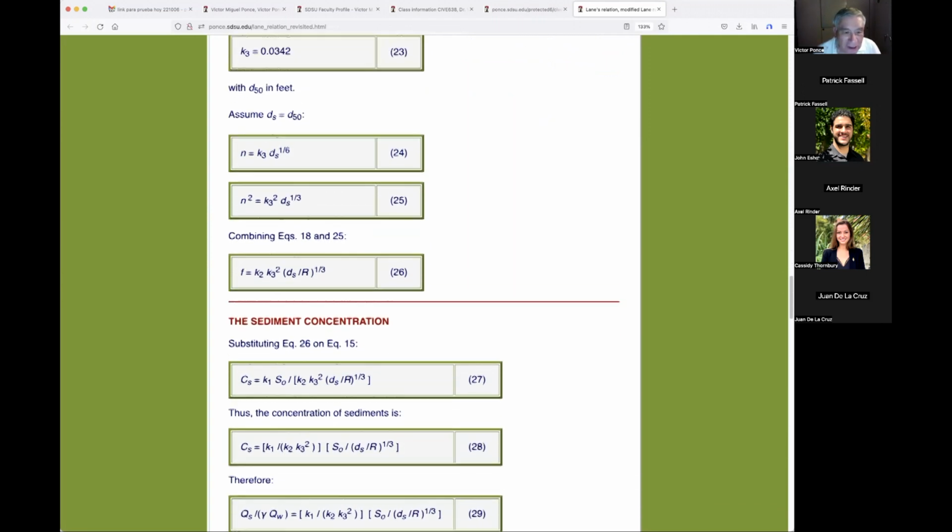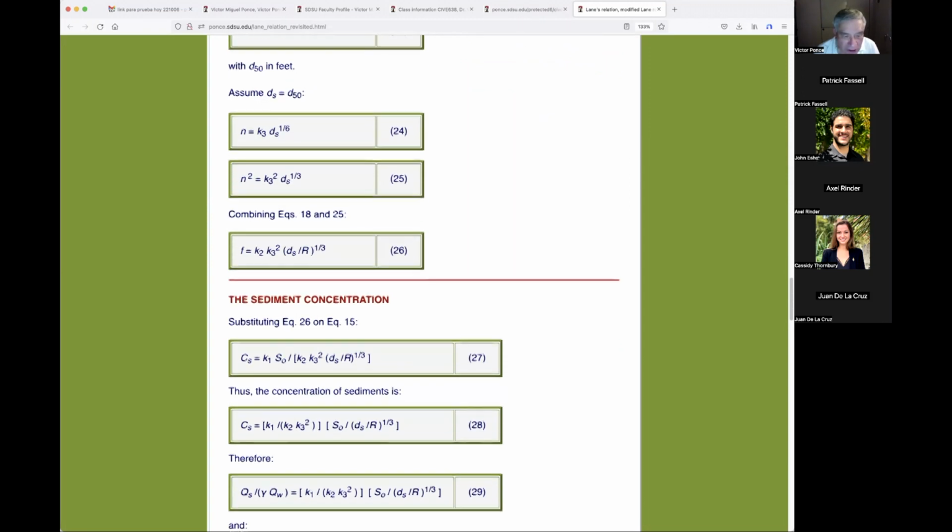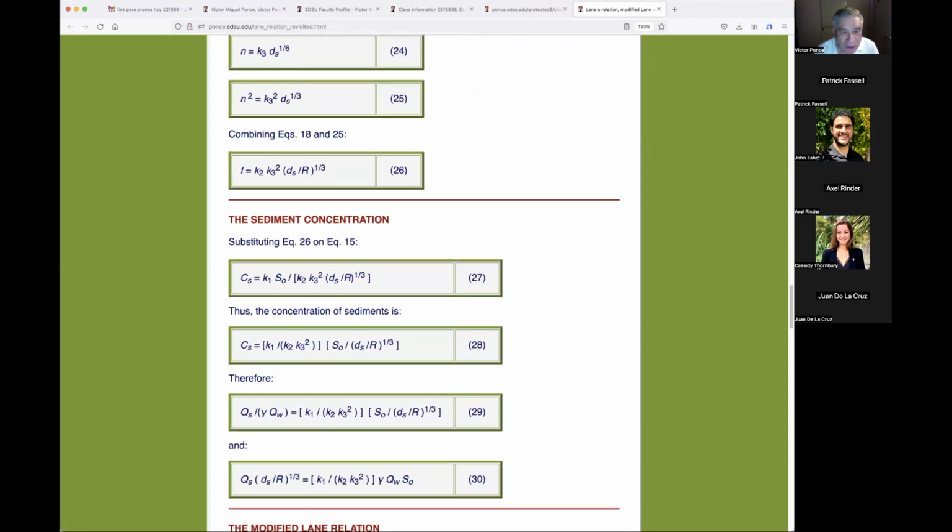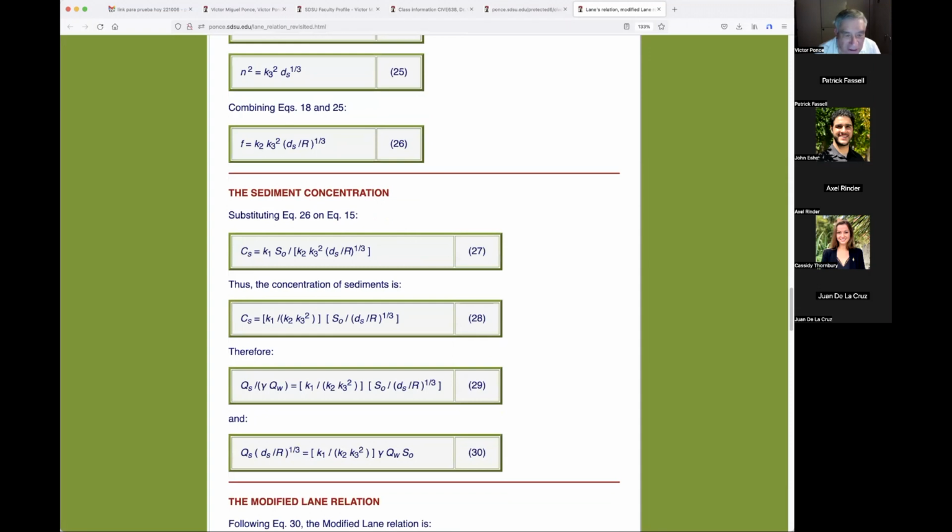So for the sediment concentration, once you get all these equations, you substitute equations 26 and 15, and you get this rather complex equation for the sediment concentration, C_s, equal to K1, S_o over d_s over R to the 1/3. K1, K2, and K3 are the coefficients.